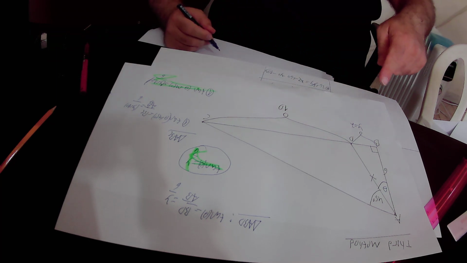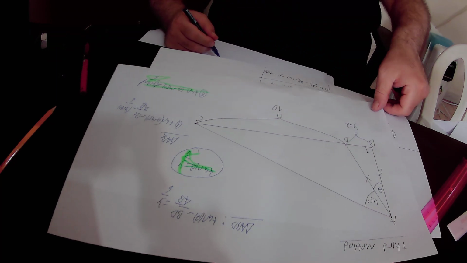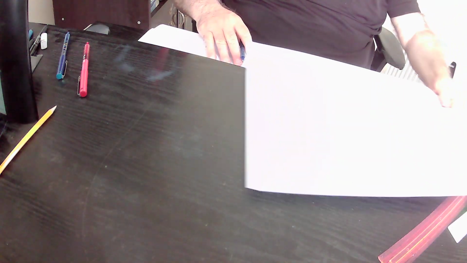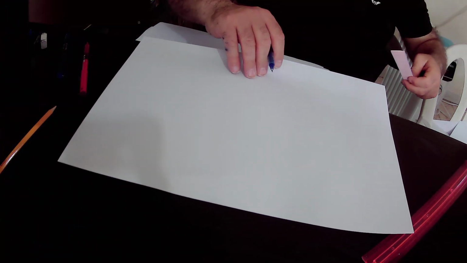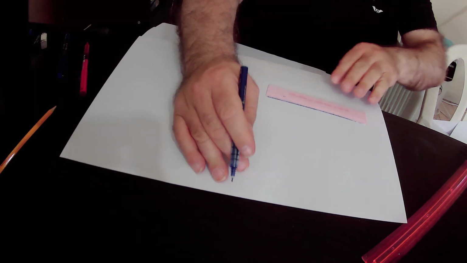Now I will copy the right triangle ABD in a new page, and we will implement the Pythagoras theorem on the right triangle ABD.